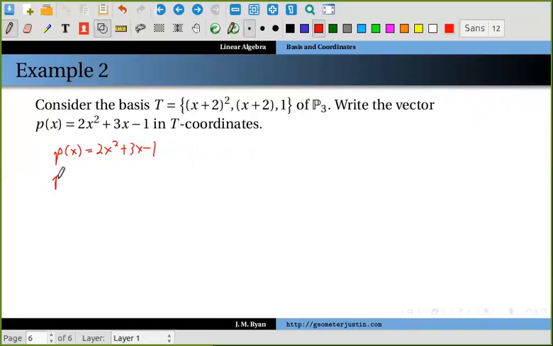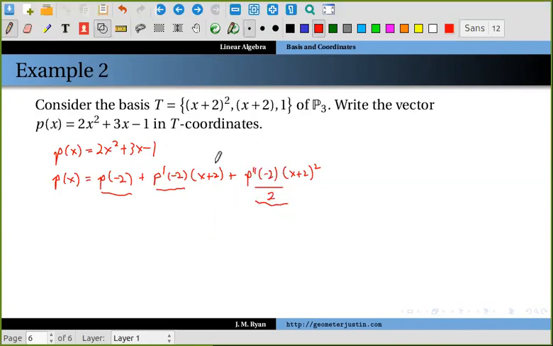Its Taylor series, centered at -2, is P of -2 plus P prime at -2 times x plus 2 plus P double prime at -2 times x plus 2 squared. This is in the wrong order, so we'll have to change the order to get it in coordinates, but it gives us our coefficients: P of -2, P prime of -2, and P double prime of -2 over 2, since there's a 2 factorial in the Taylor series formula.